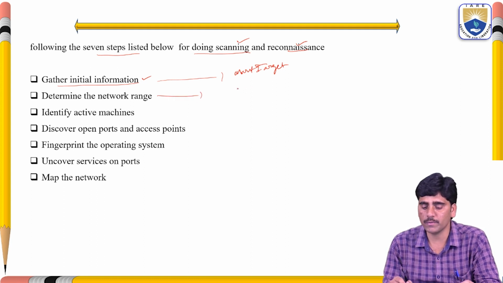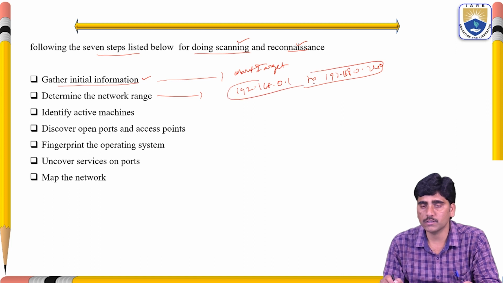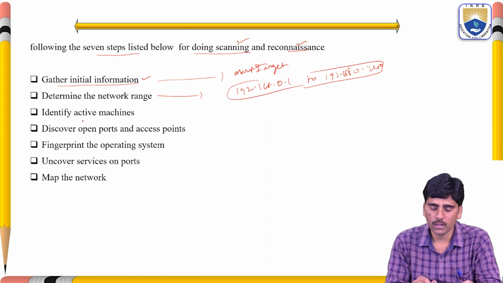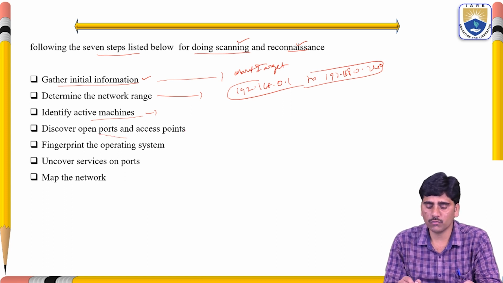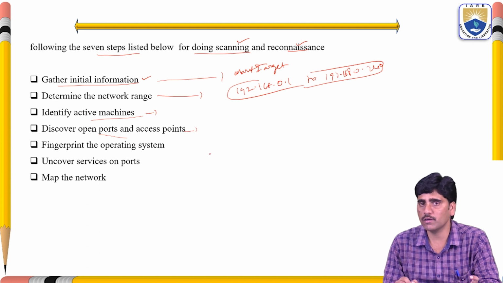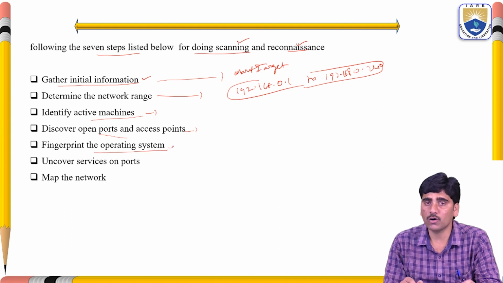Which IP addresses are being used, for example 192.168.0.12, identifying the range up to 192.168.0.240 or something. Then identify active machines, that is, which machines are active and give a chance of hacking. Then discover open ports and access points, and fingerprint the operating system.